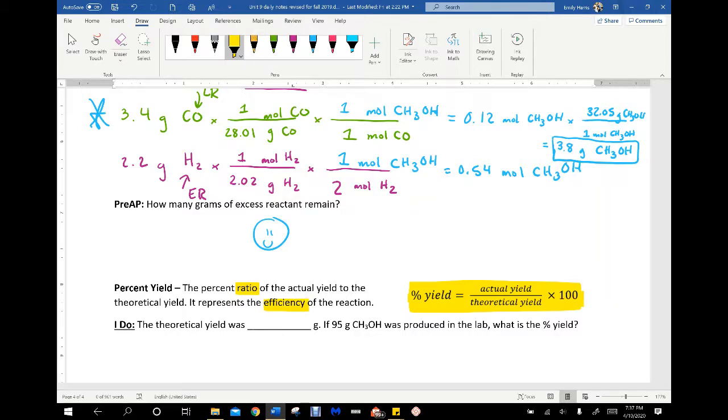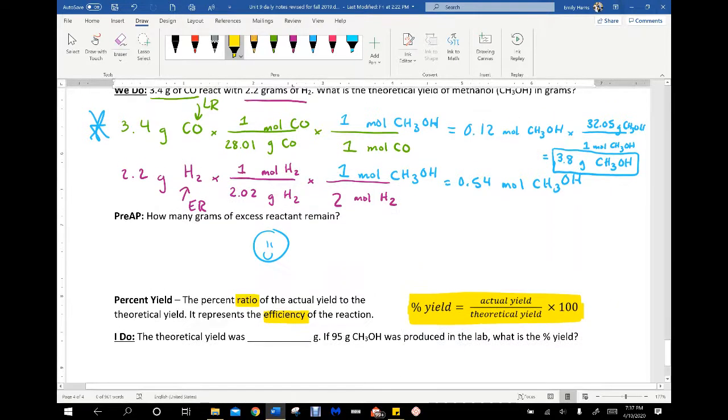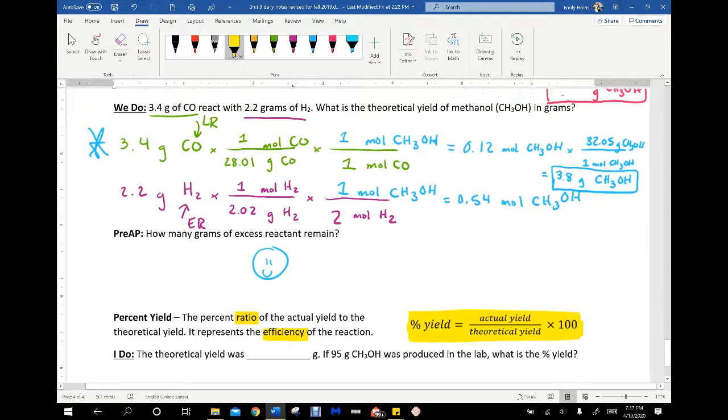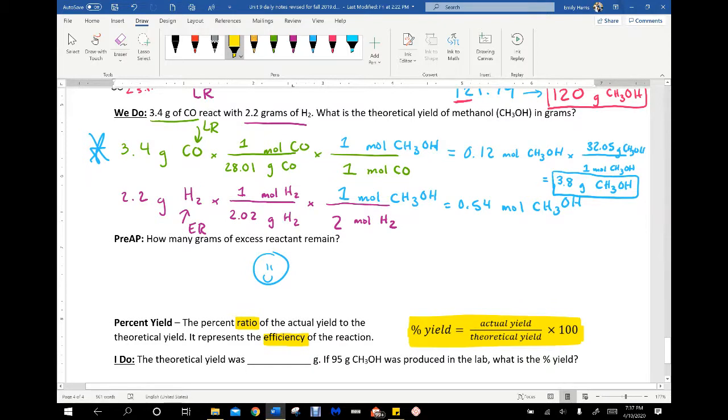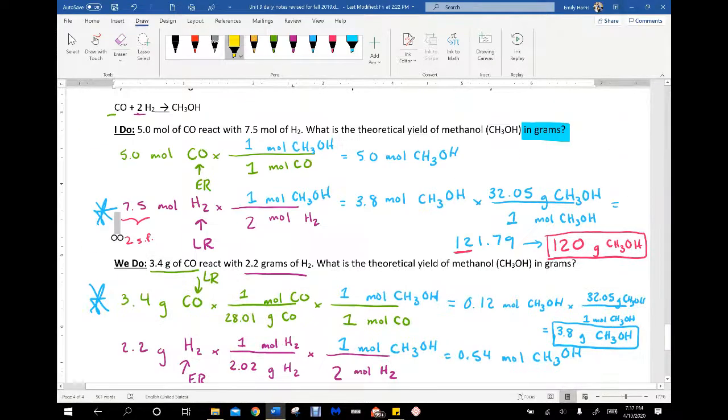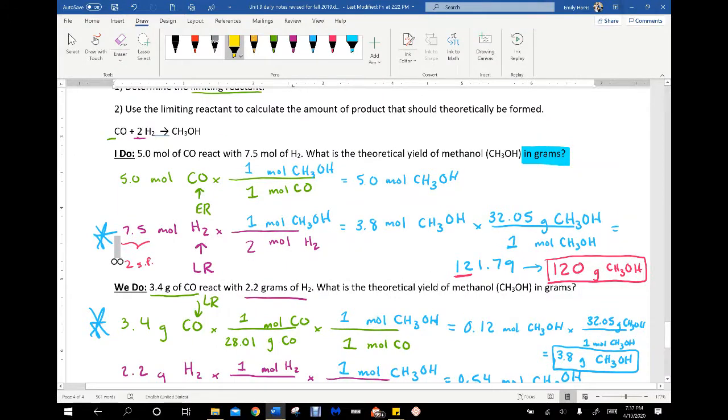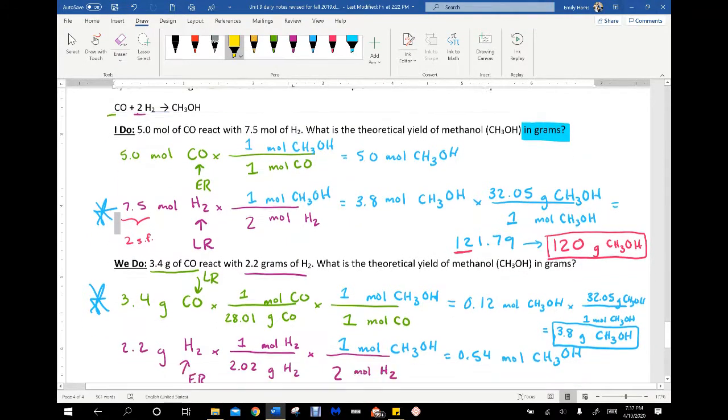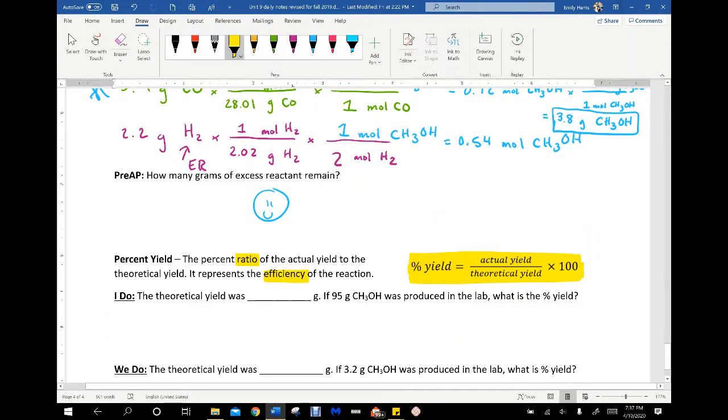And so what we're going to do to save ourselves some work is we're going to use our work for the I do and the we do. So back here, the I do portion, we found that the theoretical yield in that case was 120 grams of methanol.